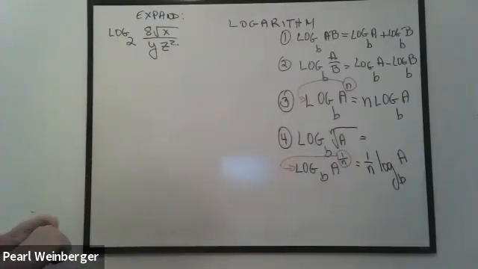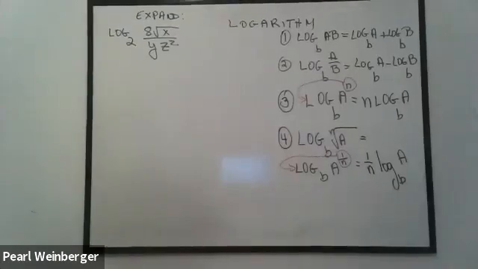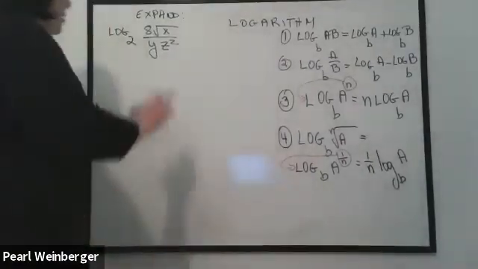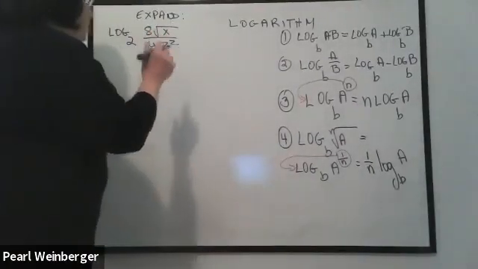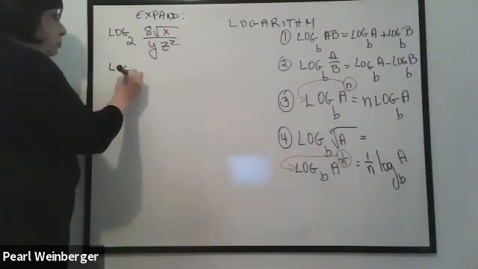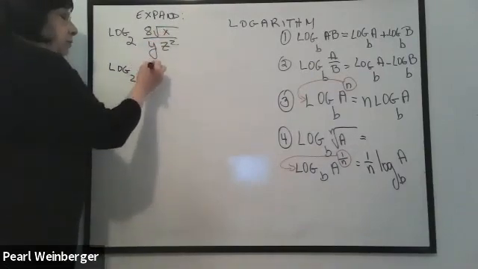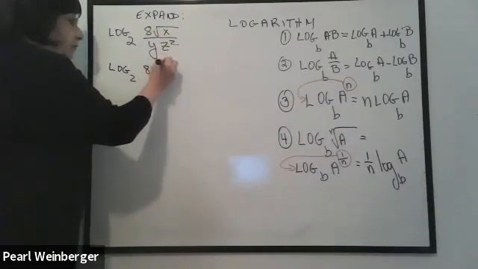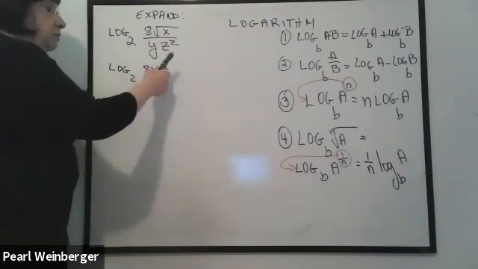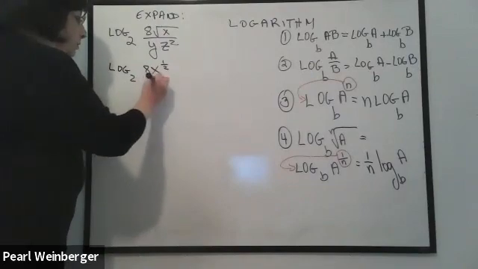Okay, remember the first thing I said to do is if I see any radicals, to rewrite the radical as a fractional exponent. So I'm going to rewrite this as log base 2 of 8. Instead of writing the square root of x, I'm going to write x to the 1/2 because the square root is the same as the 1/2 exponent over yz squared.